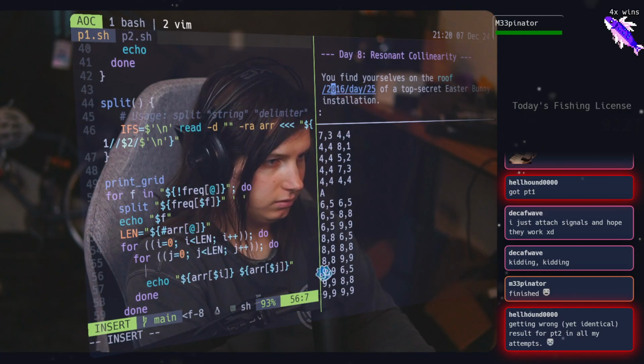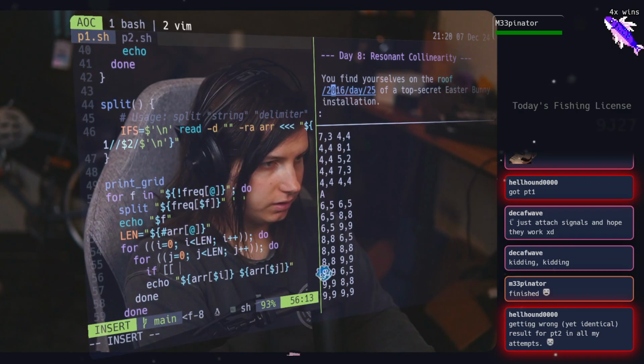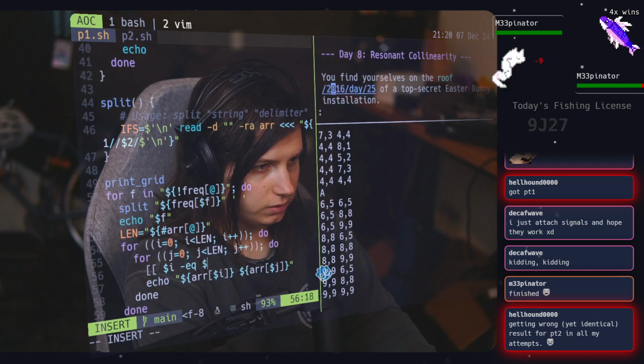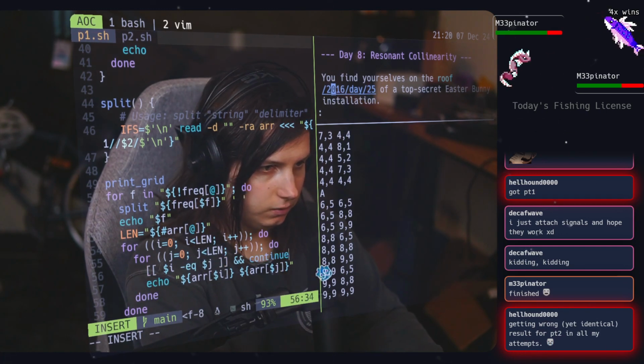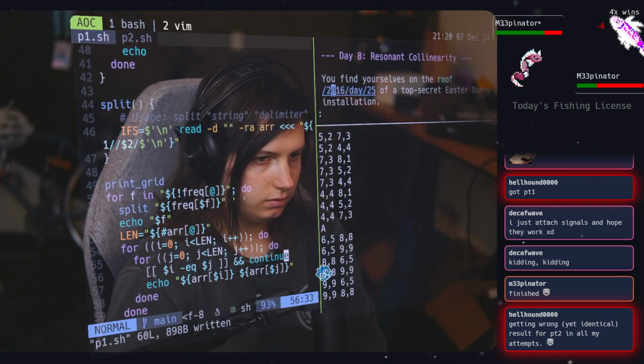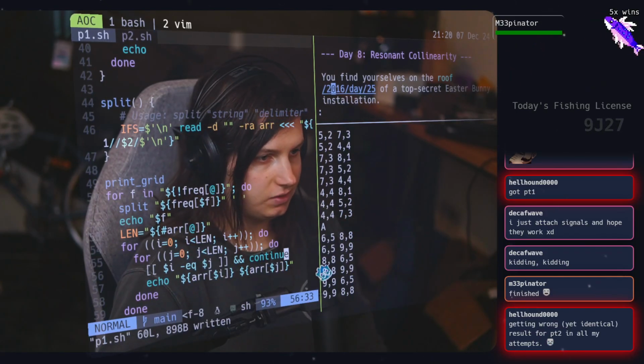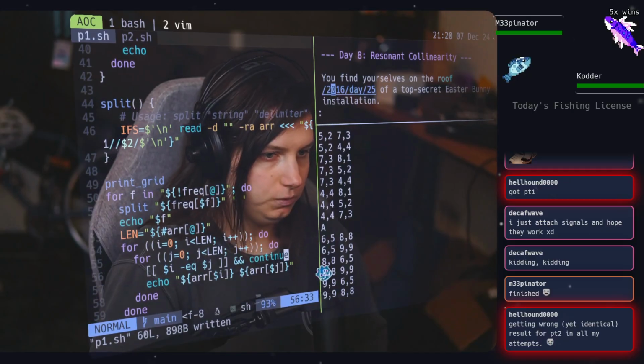I see what I'm doing. We have to do if i equals j and continue. Now it should be 6, because you can't have a pair with itself. Cool.